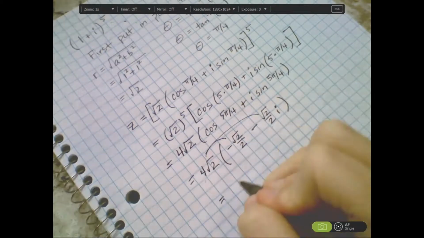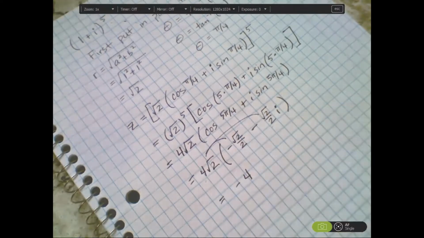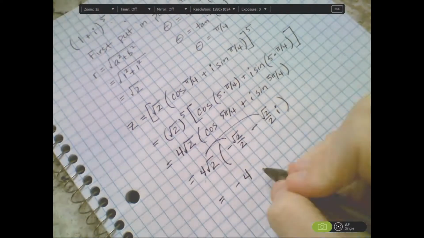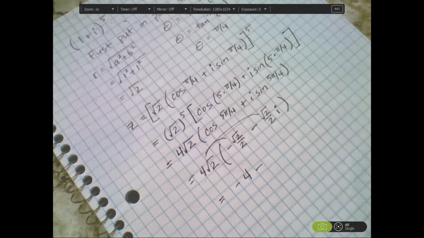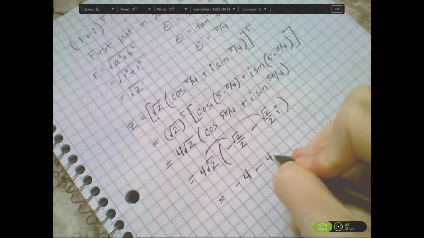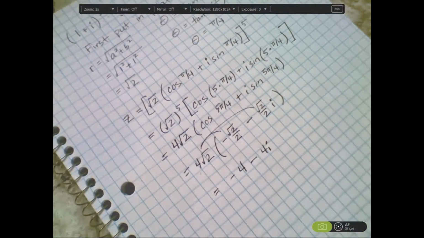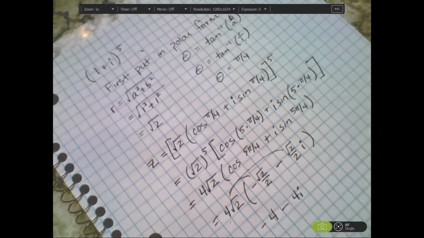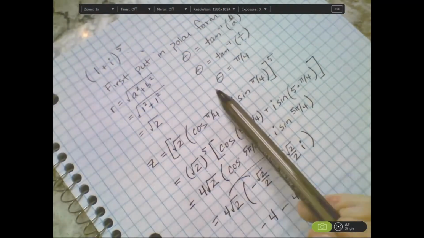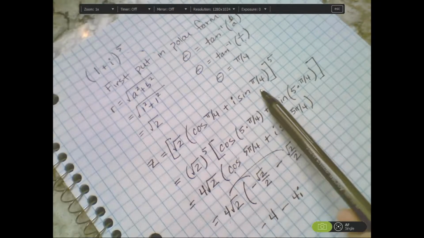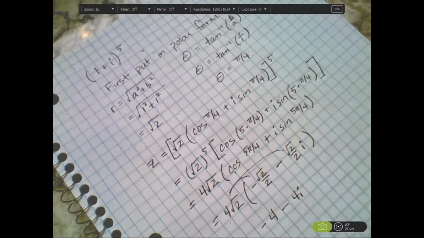So that I think is going to be negative 4 when all is said and done. And then same thing with this one, minus 4i. So that's our final answer for that one. Obviously that one was a little bit longer because we had to do this part up here first. We had to get it in this form and then do our formula for the power.